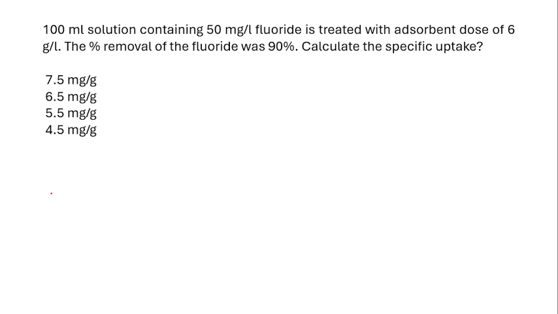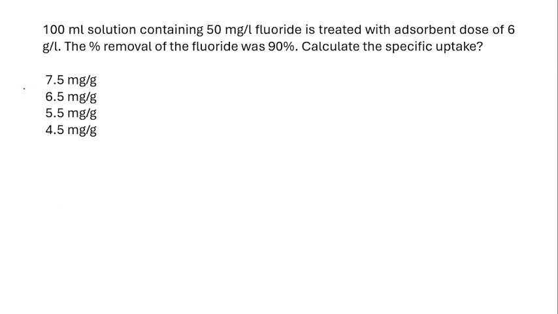The next question is, 100 ml solution containing 50 mg per liter fluoride is treated with adsorbent dose of 6 gram per liter. The percentage removal of the fluoride was 90%. Calculate the specific uptake. So we have discussed the same kind of problem in our previous section, right?